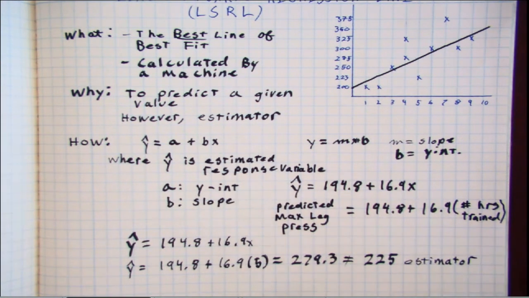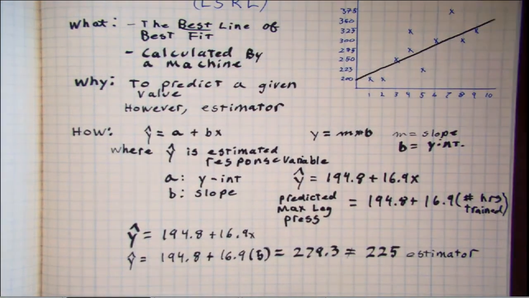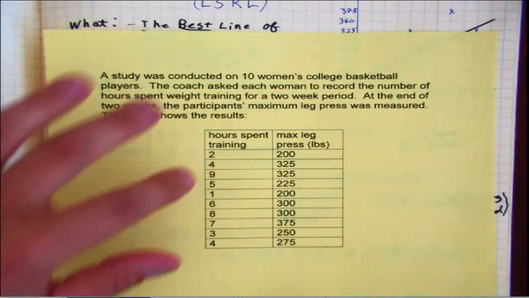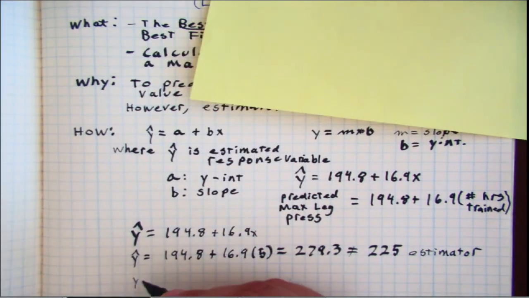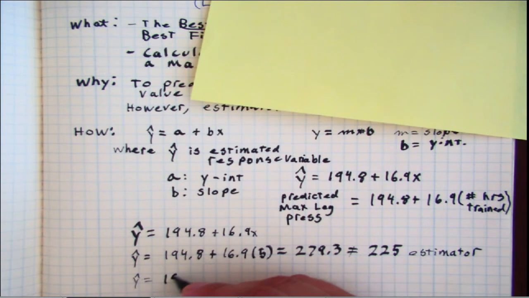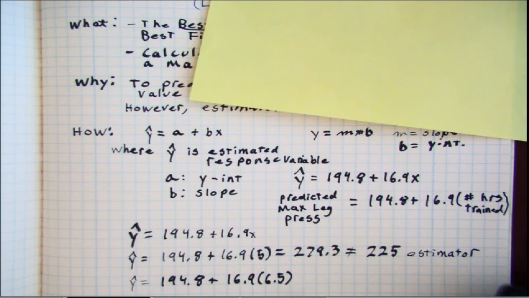All right, so we use this as an estimator. Let's pretend that you go back into the study here. We got these 10 women who did this study. Let's pretend that someone wasn't there that day, but they had recorded their data, and they recorded 6.5 hours. So we could estimate what their max leg press would be based on 6.5 hours spent training. Okay, once again, it's an estimate. It's not going to be the actual amount that they could do.